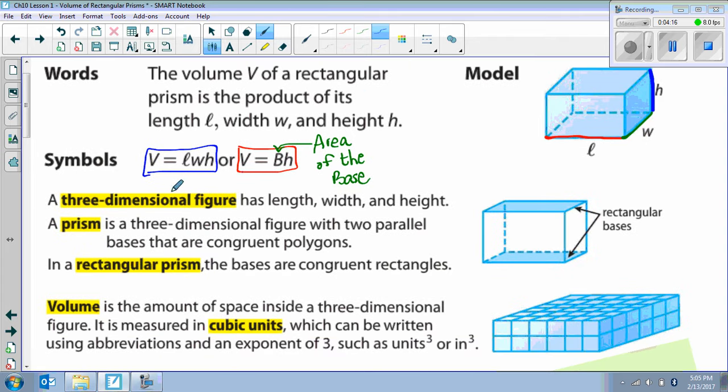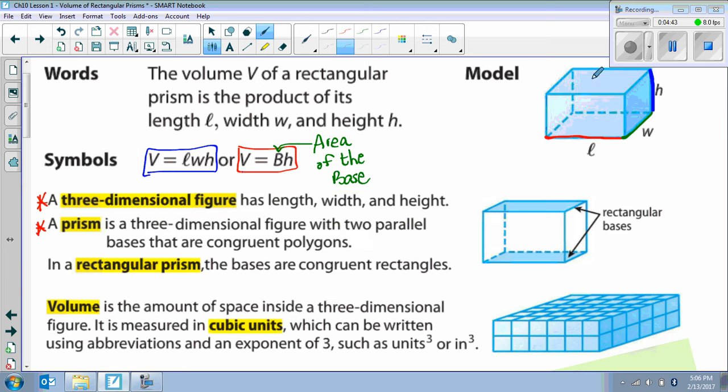Okay? Now, down here, I want you to make sure you write down all of these vocabulary words. Okay? A three-dimensional figure has length, width, and height, and that's the reason why when we are looking for the volume, we have units cubed. A prism is a three-dimensional figure with 2 parallel bases that are congruent polygons.